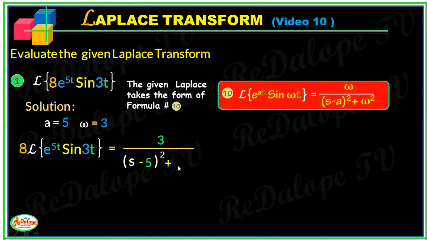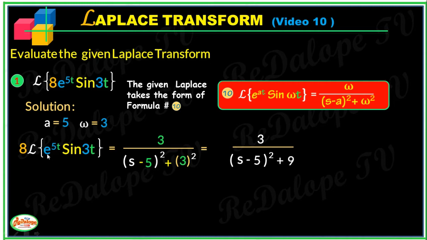Omega is 3, so we need to square 3 since there is a square here. Simplifying it now, we have 3 divided by the quantity of s minus 5 raised to square plus 3 square, that is simply 9.